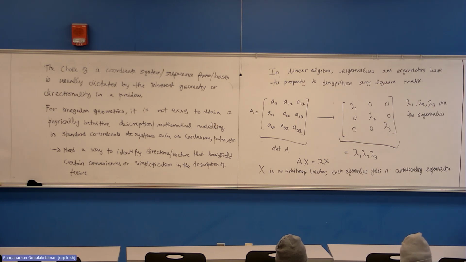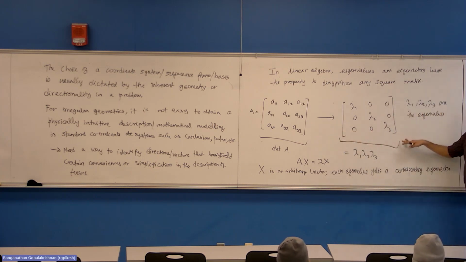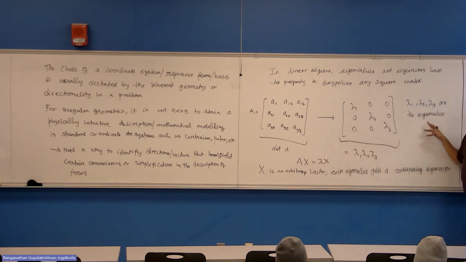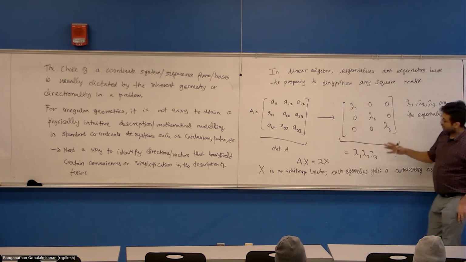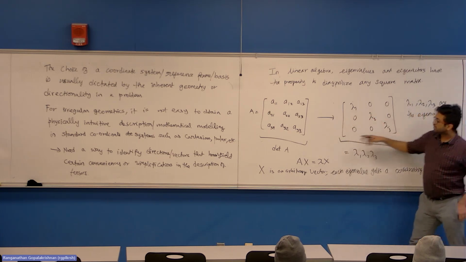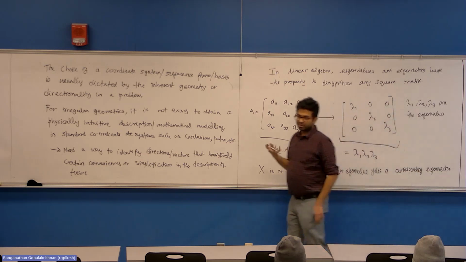Take a pause from writing, I'll give you time. If you reduce this matrix to its eigenform, you can then derive three eigenvectors corresponding to the three eigenvalues. And along these directions, the matrix is expressed just in terms of three numbers instead of 9 numbers. Think of it in a measurement context.